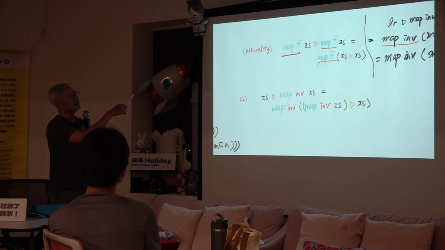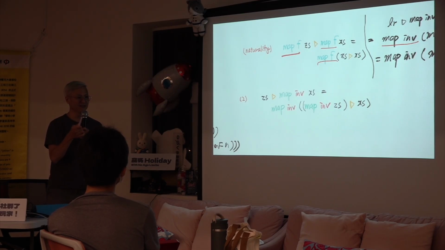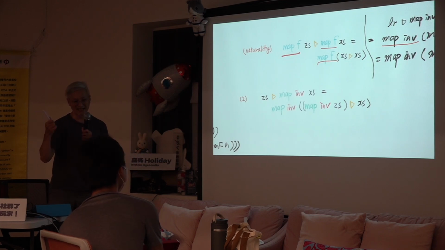However, basically, this is the naturality property of interleave, which comes from its type. Have you heard of naturality, or free theorem, or another terminology, parametricity?